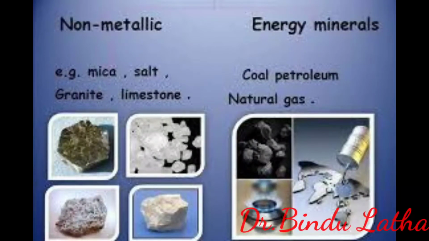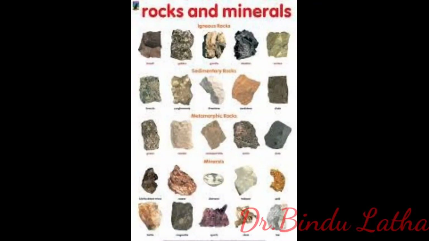Next, we are going to analyze about the non-ferrous. We can see two types of minerals, the copper and also the bauxite. We can see the copper in Balkhat mines, K3 mines and Singham mines. The Balkhat mines is in Madhya Pradesh, K3 in Rajasthan and Singham is in Jharkhand.